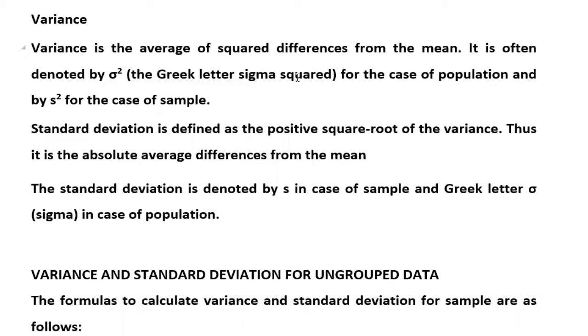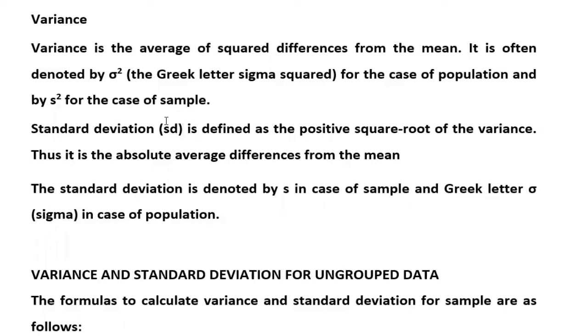If we know the variance, then standard deviation is very easy to understand. Standard deviation is nothing but the positive square root of the variance. So this is the average difference from the mean, the absolute average difference. So variance is the squared difference and standard deviation is the average difference.